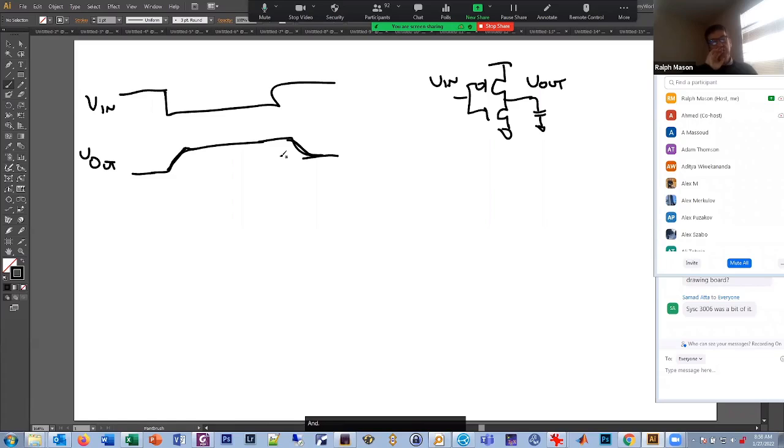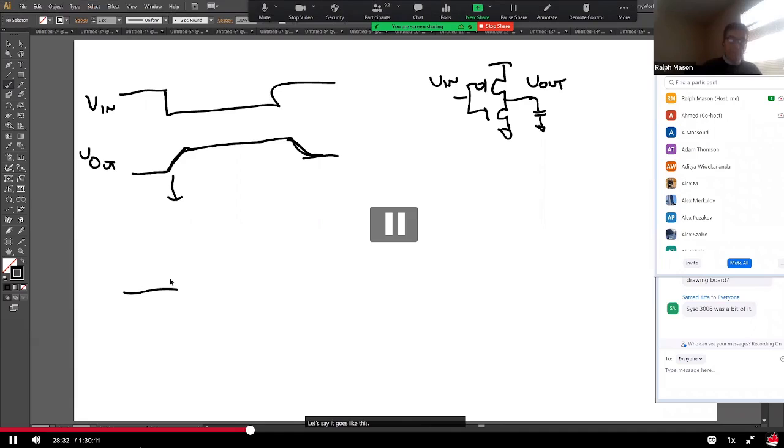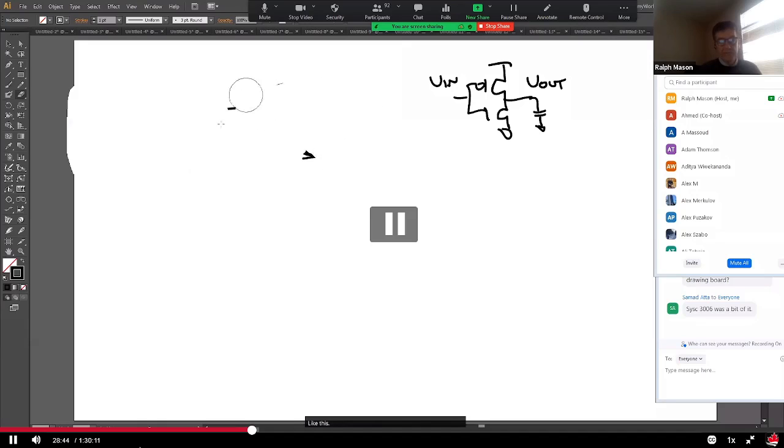And I'm also going to introduce something that you need to know. This output waveform, there are some things that we define for it, which you may have learned before. Let's make this bigger.